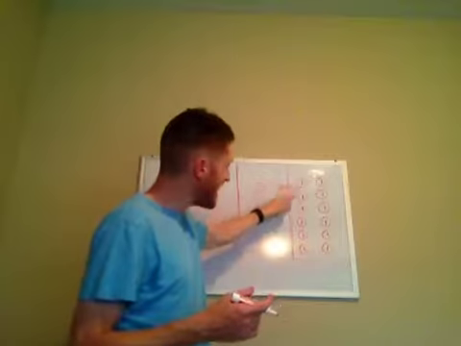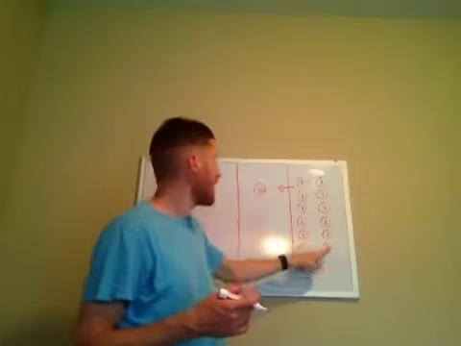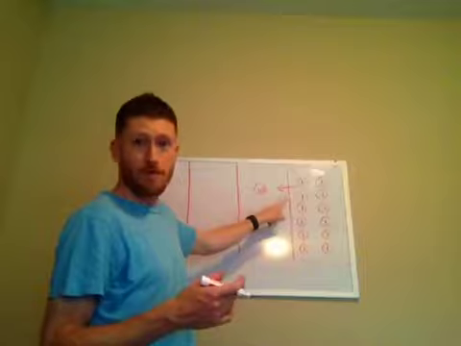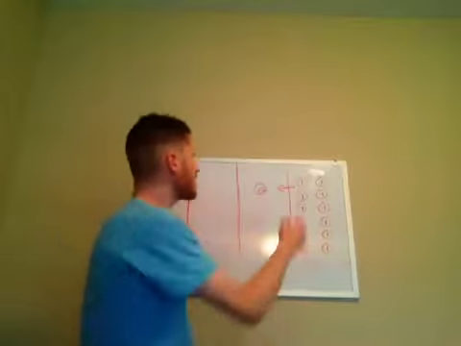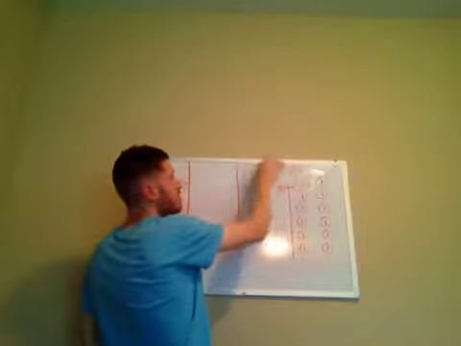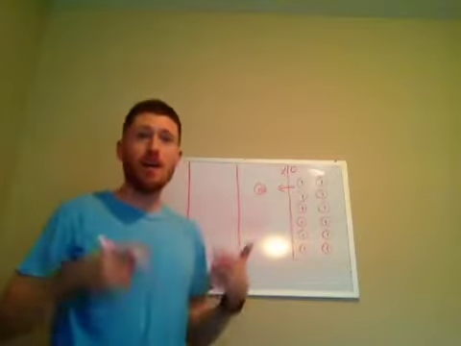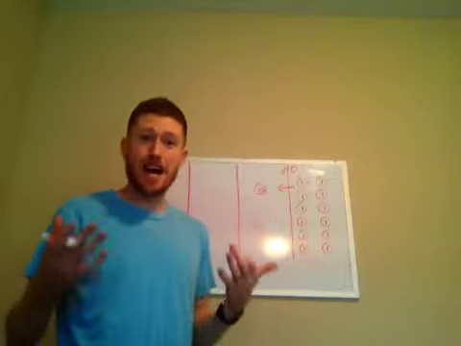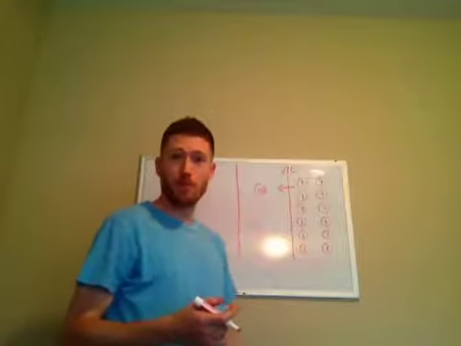It's 10 times as many as 1. So I'm going to draw a times 10 up here to help you remember that each time we move over a place value, that number is worth 10 times more than the same number before it.